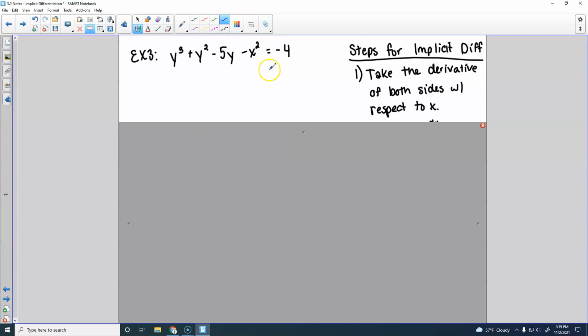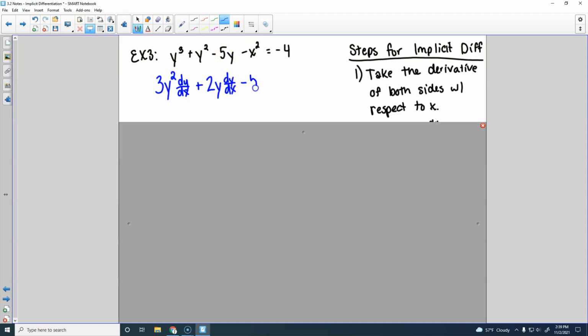All right, so the first thing we're going to do is take derivatives of both sides with respect to x. So the derivative of y to the third is going to be 3y squared. Because that had a y, I put the dy dx with it. Plus the derivative of y squared is 2y. What does it need? dy dx.